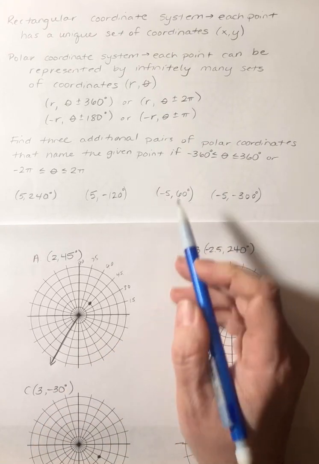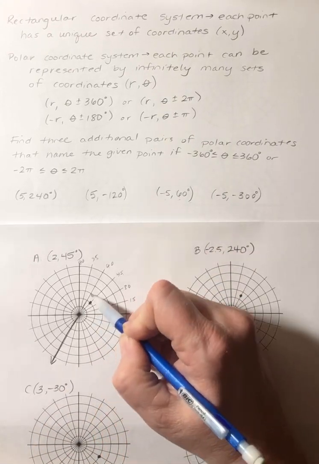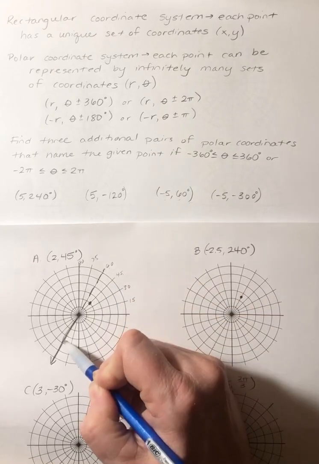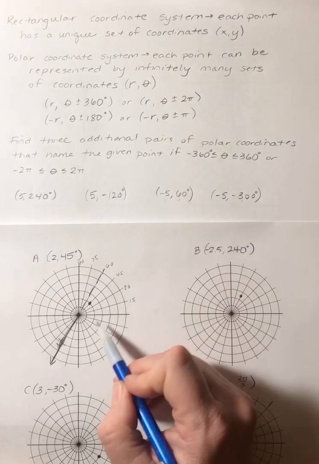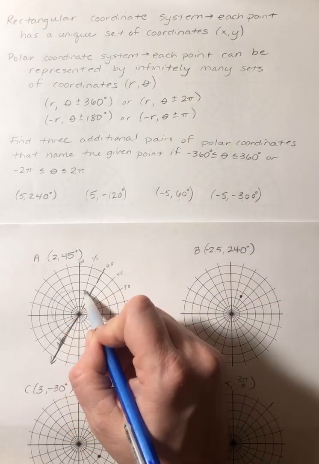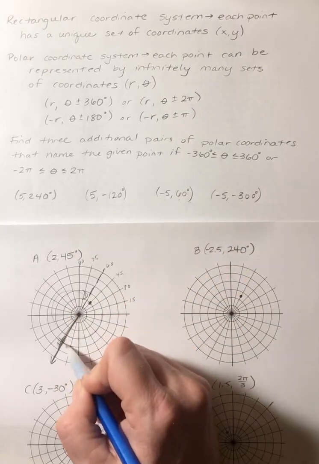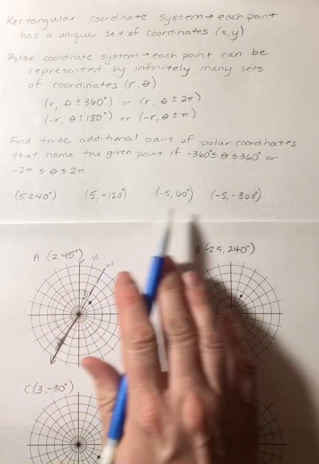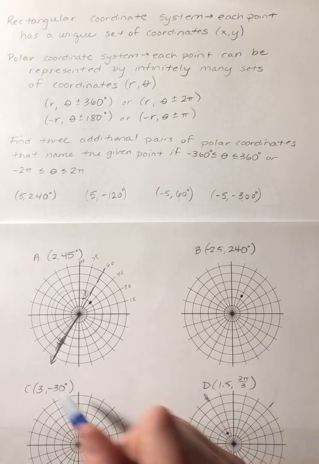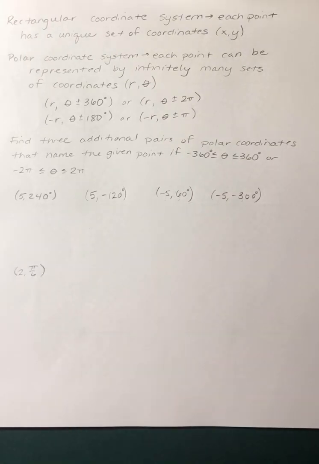For (-5, 60), if I go out to 60, it's on this side, and -5 would put me here. And then for -300, I'd go around to here, and again -5, so it's going to put me right back out on this line here. So you can double check visually to make sure that those all fit, okay?